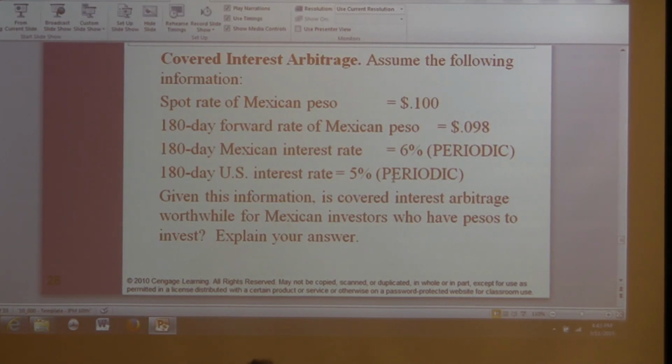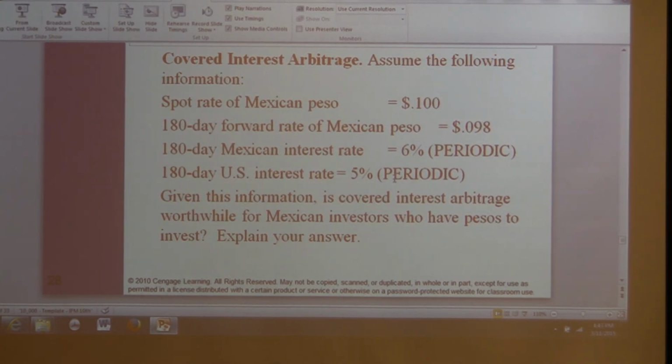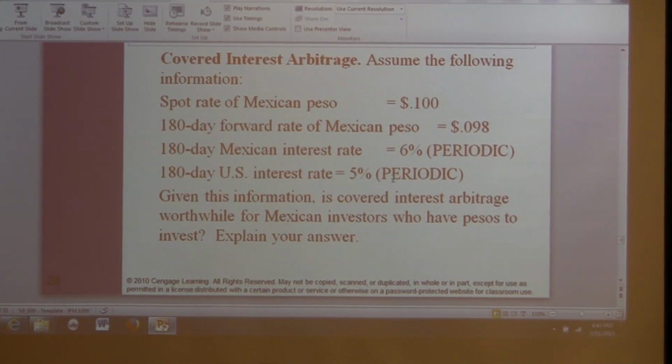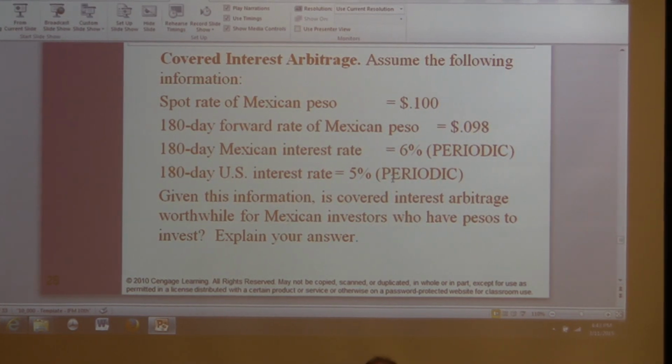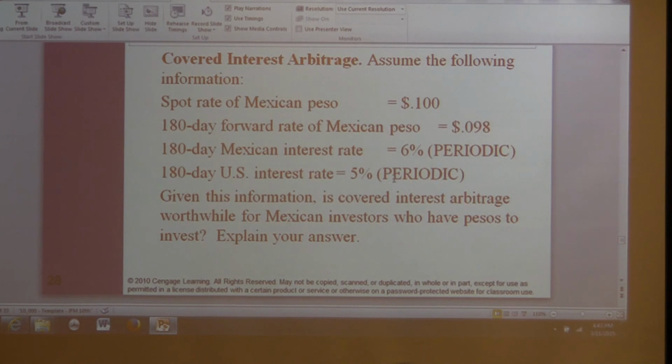So that is why we are saying that based upon the formula, the forward price over the spot price is given by 1 plus the interest rate in the US divided by 1 plus the interest rate in the foreign country, raised to t. And that has to hold. Otherwise, either somebody in the US or somebody in Mexico has the ability to make profits.